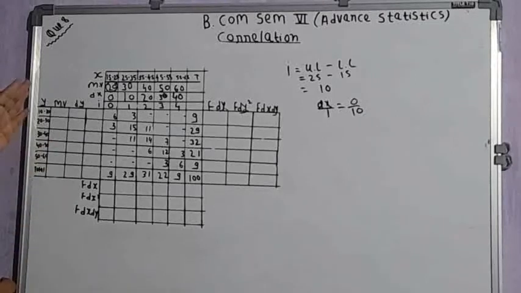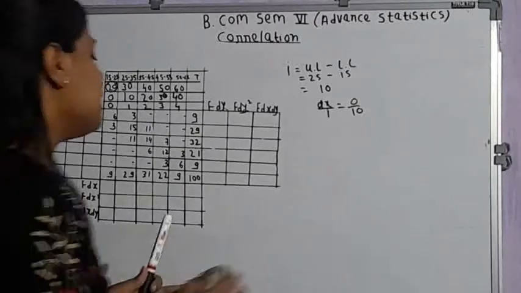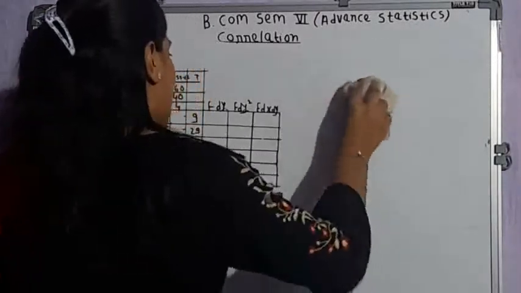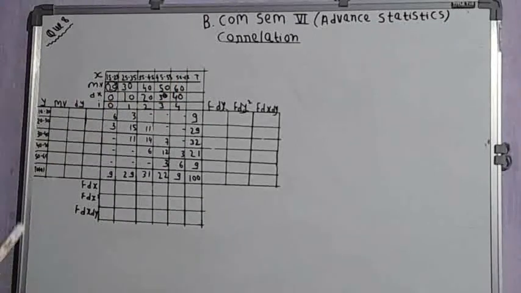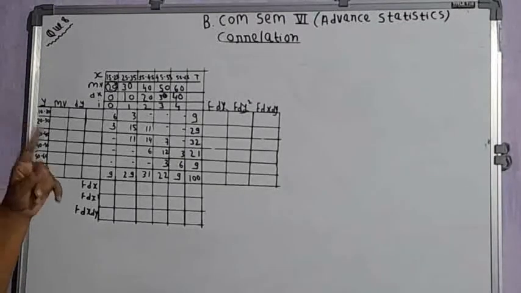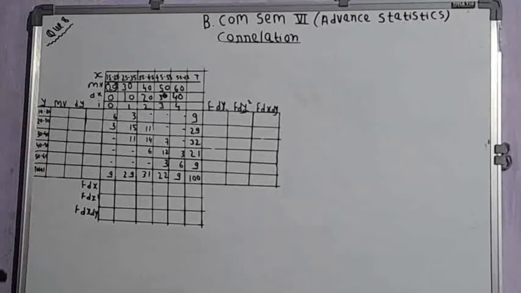Now what we have to do? We have to do the same thing with the Y series as well. In the Y series, first of all, we have been given age in group data. So what we have to do? We have to calculate the mid value. How do we calculate mid value? Lower value plus upper value divided by 2.